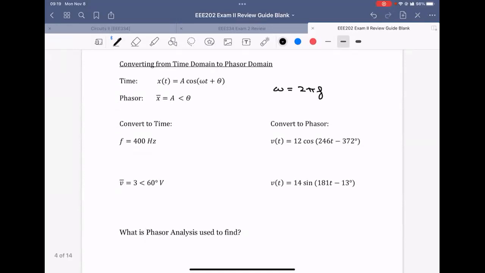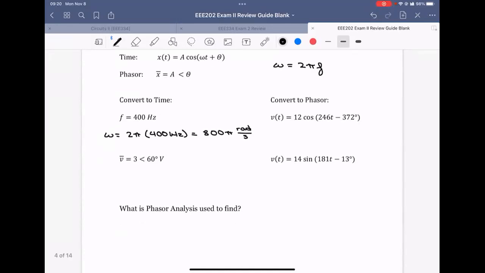So if we're given our frequency is 400 hertz, and we wanted to convert it to omega, so we can write out the time domain function. We have omega equals 2 pi times 400 hertz. To keep it simple, I would just do 800 pi radians per second rather than multiplying pi in there, so I don't have to deal with a bunch of decimals yet.